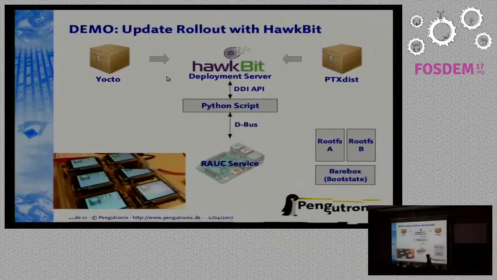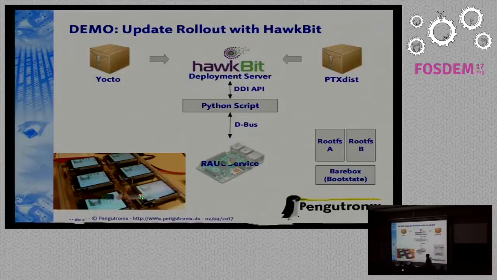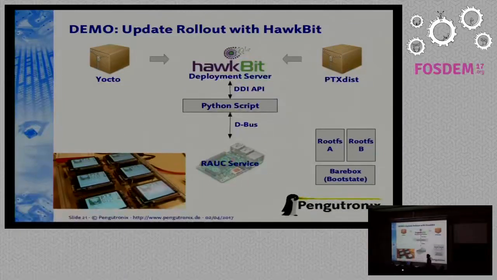So I shortly describe the setup. We have currently a PTXdist-based image running, and these devices here are connected to a hawkBit software deployment server. And on the devices, the RAUC service is running, and a little Python script that shows these small PTXdist images.